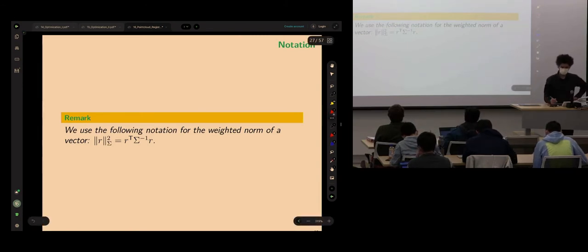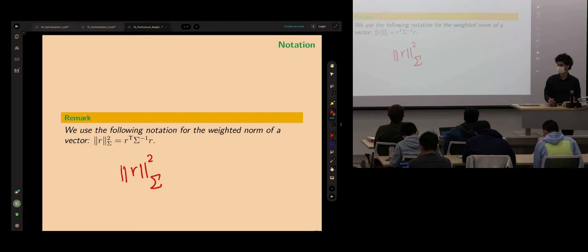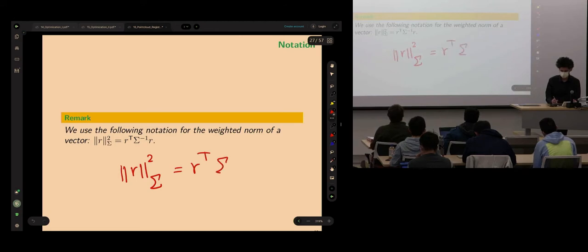The notation you see is usually like this, although this is not universally accepted, but in a lot of robotics and perception papers you see this. This means r transpose sigma inverse, right? So pay attention to this inverse.